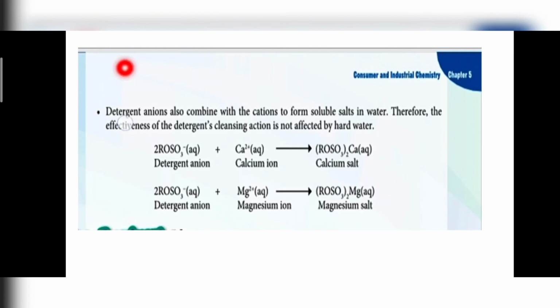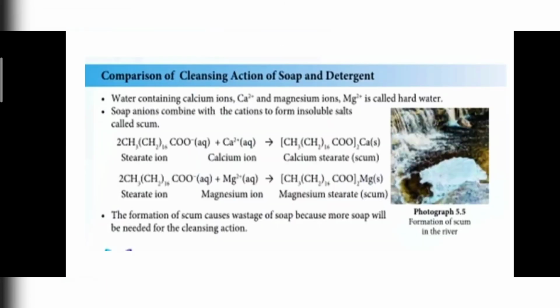Tapi kalau detergent anion combine with the calcium or magnesium ion, dia akan menghasilkan calcium salt, magnesium salt yang nampak ni aqueous, maksudnya soluble in water, soluble salt in water. So no problem. The effectiveness of detergent cleansing action is not affected by hard water compared to soap.